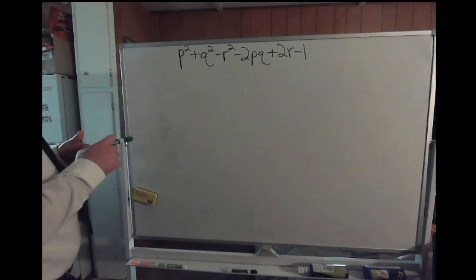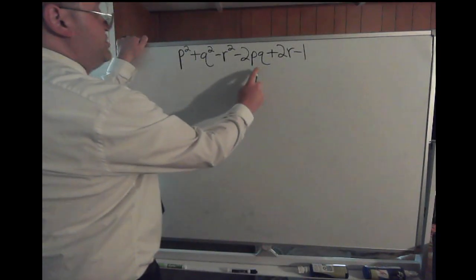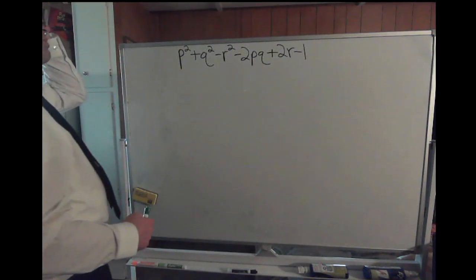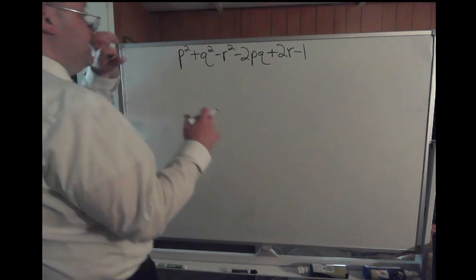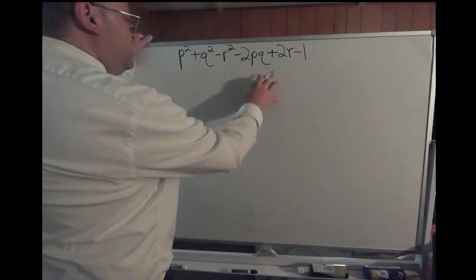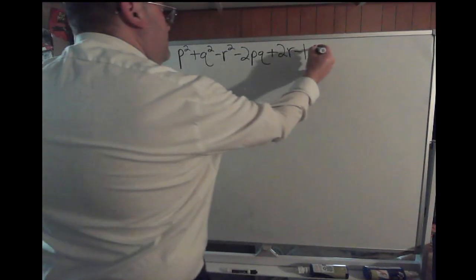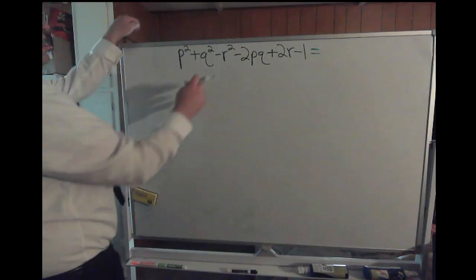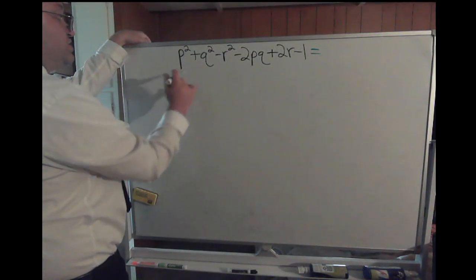Well, notice we have a pq term. It would almost appear again that, by the commutative property, you can go ahead and rearrange this in such a way that you'll have a perfect square trinomial.